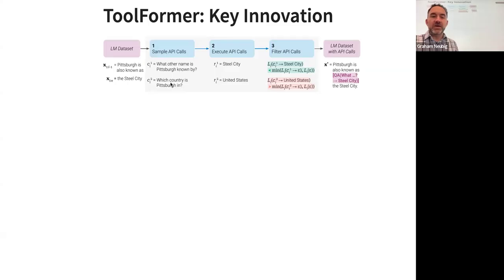They sampled API calls, in this case to an external question answering system. Then they would execute the API calls and check if conditioning on the output from the API call increased the probability of the correct answer being output, compared to if you had no API call.